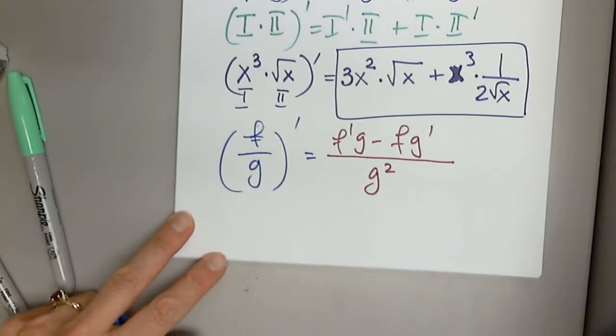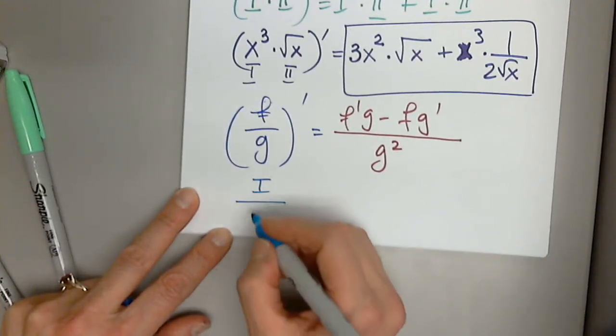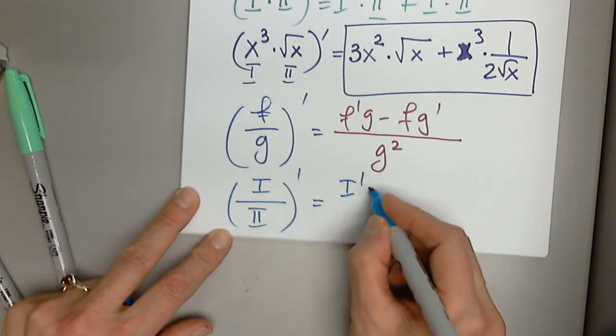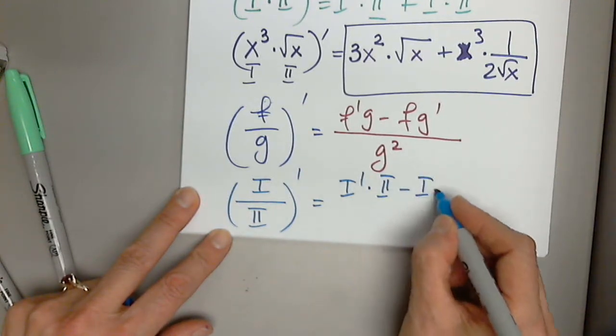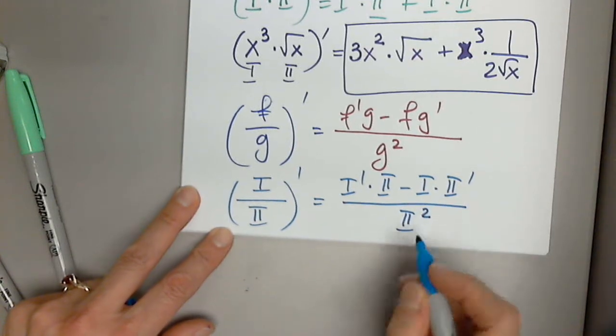Totally different rule. So if you want to remember it like this, the first function over the second function, prime, is the first function prime times the second minus the first times the second prime, divided by the second squared.